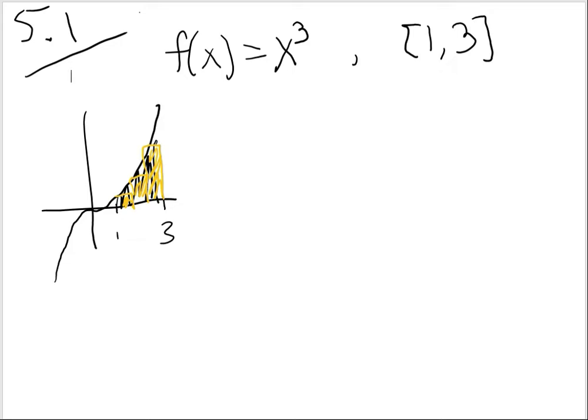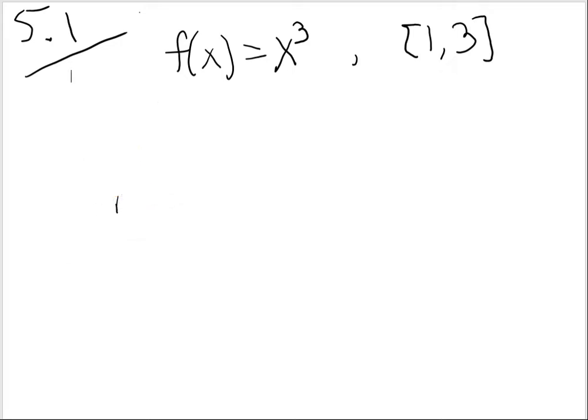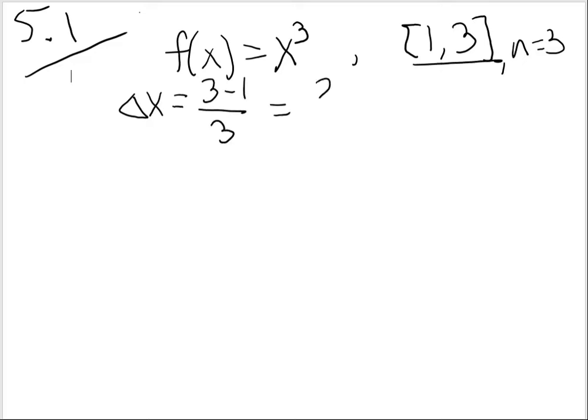Okay, so for this example, just to get into it, let's start out with only 3 rectangles. Now, that means we want to split our width of our rectangles, that is the delta x value, to be 3 minus 1, taken from the interval, all over 3, or 2/3.